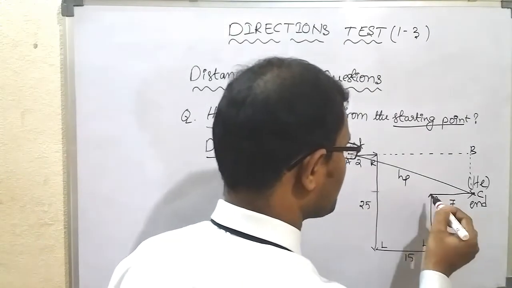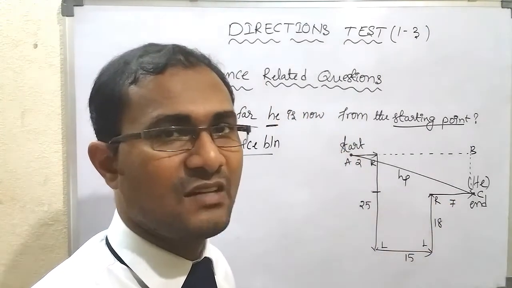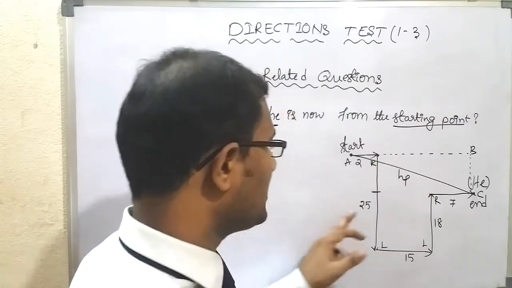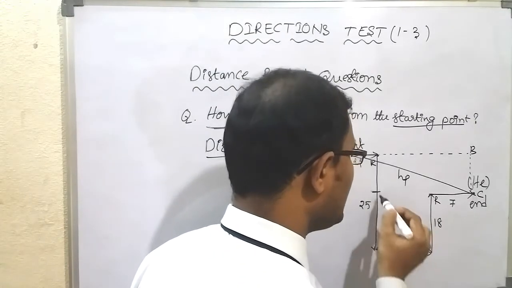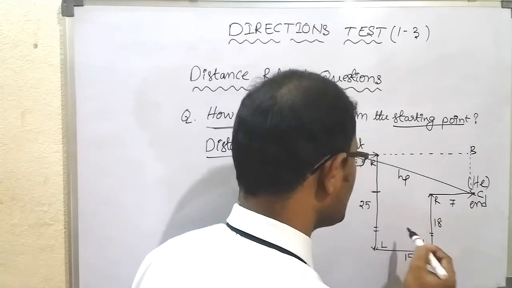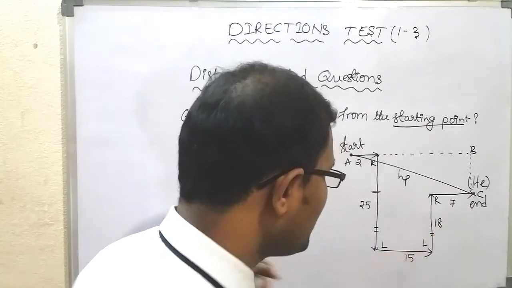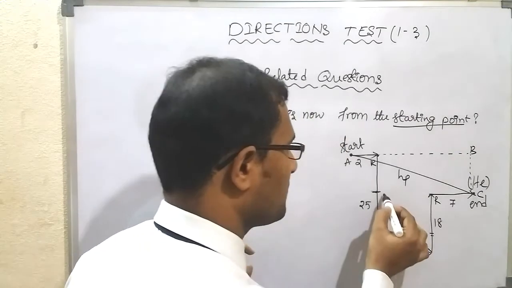Now let us see this line, very same, isn't it? Now let us see, this complete line from here to here is 25. Now from here to here it is 18. That means these two lines are very similar. It means if it is 18, then from here to here must also be 18.